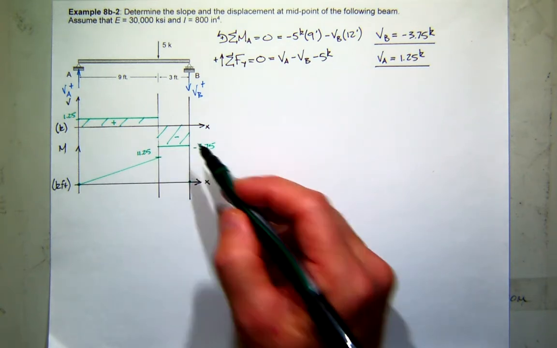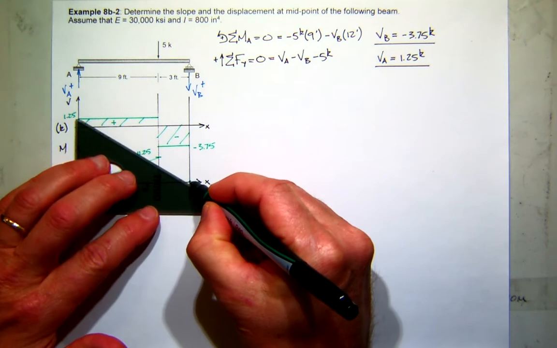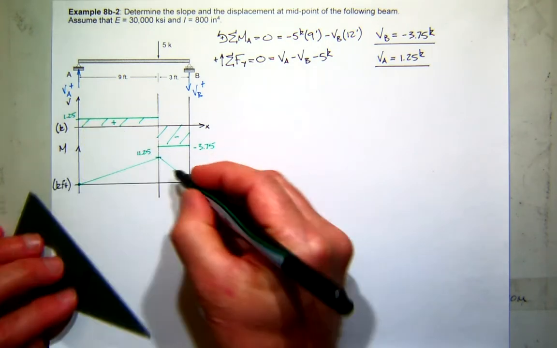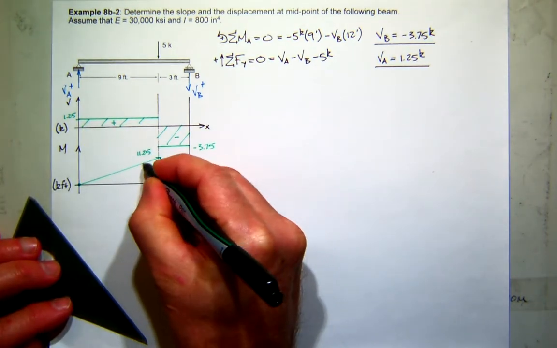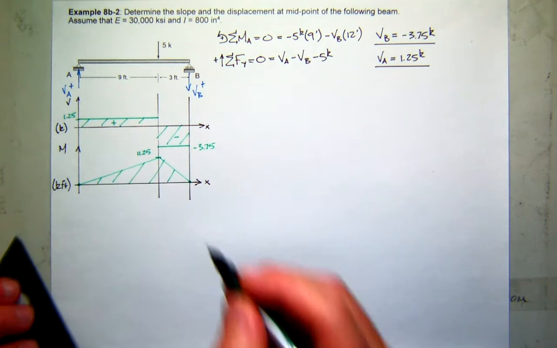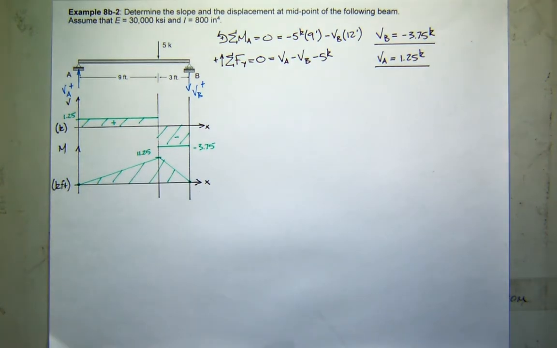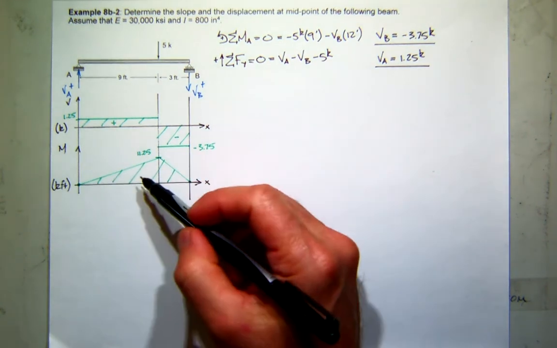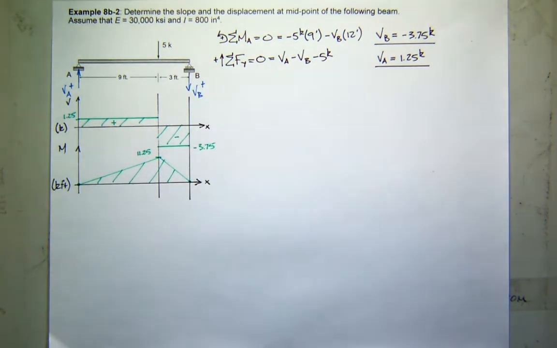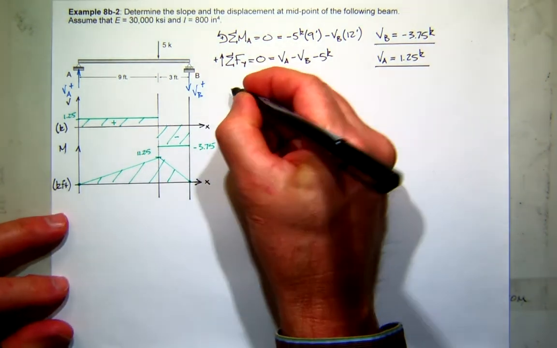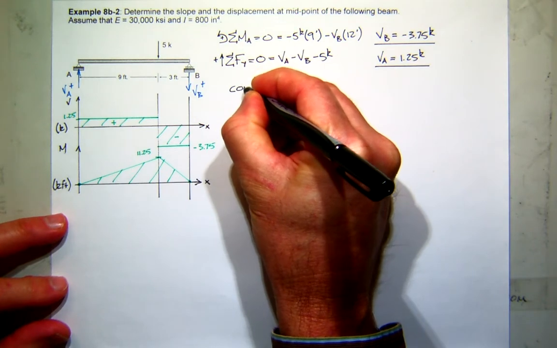The slope is constant and negative. So here's a constant negative slope. So there's my moment diagram. Easy enough? So now what do we do? Well, in conjugate beam, we take the moment diagram and apply it to the conjugate beam. So what does my conjugate beam look like?